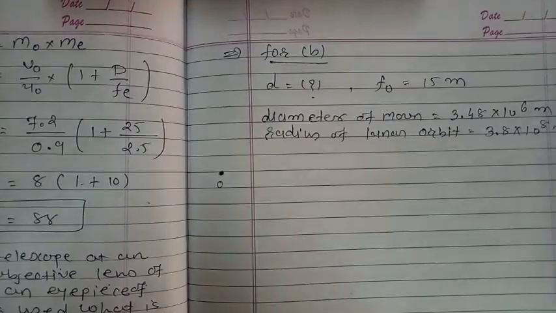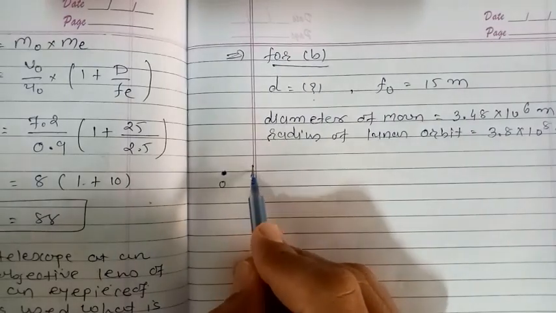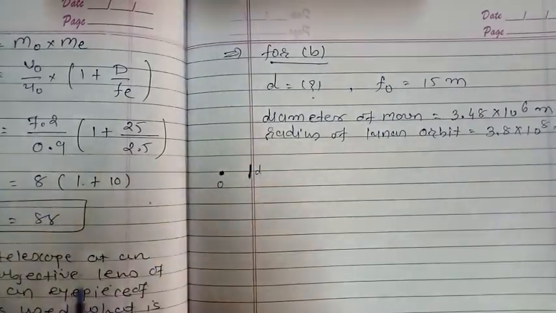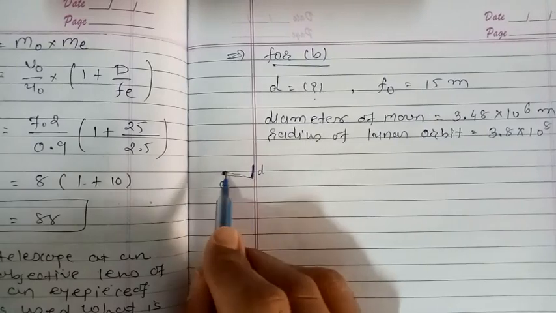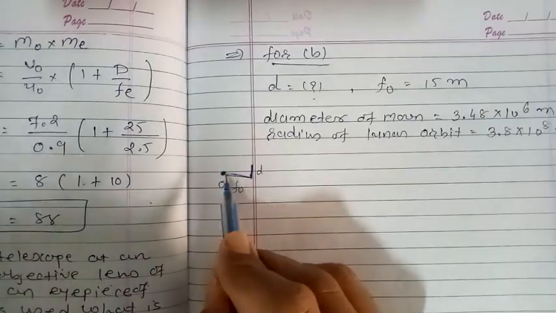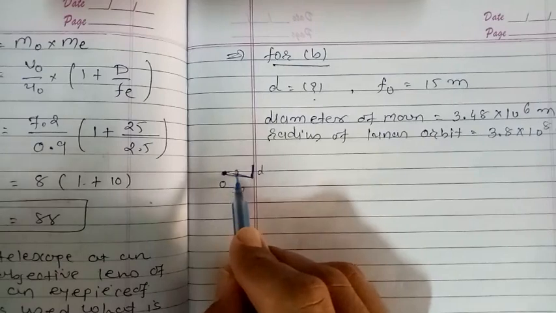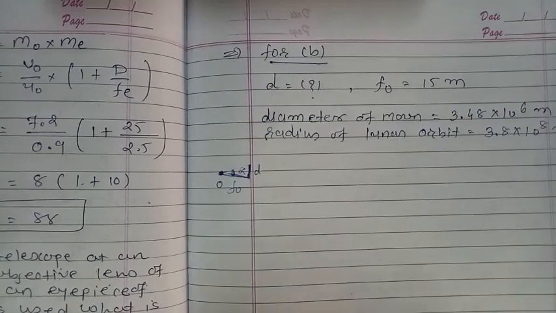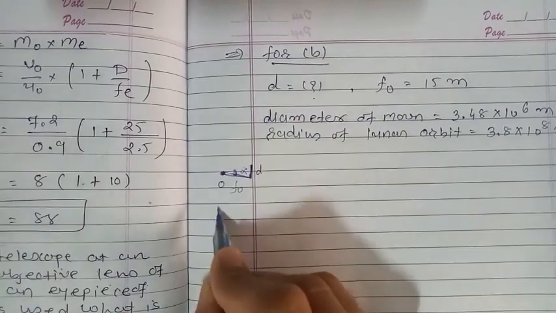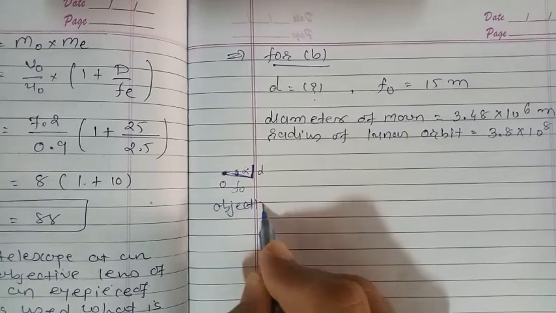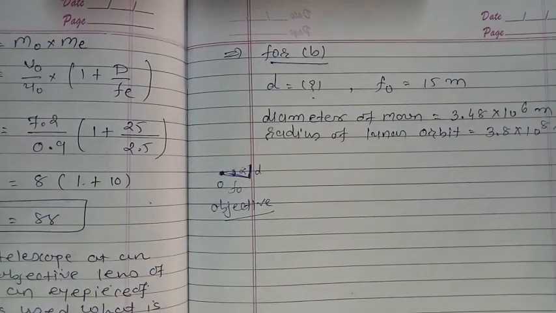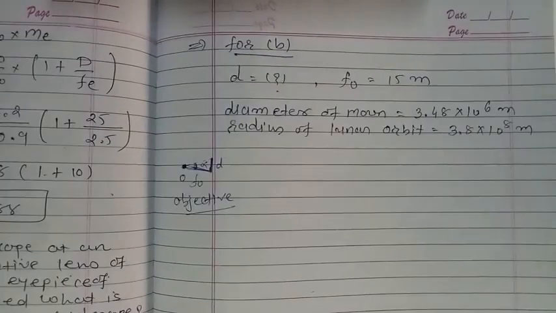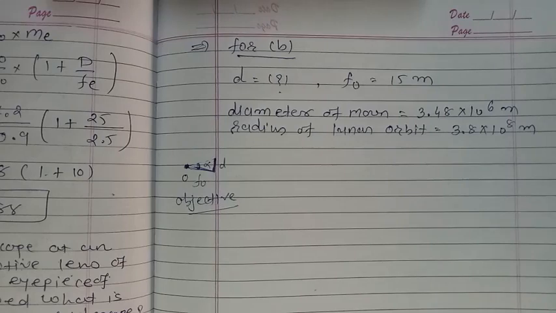assume that this is the objective, right? So here this is the diameter, and this is the focal length of the objective, so FO. So here we can see that this is the angle alpha, right? Now this is for the objective, right? But you remember, you studied in standard 11 the topic of plane angle.